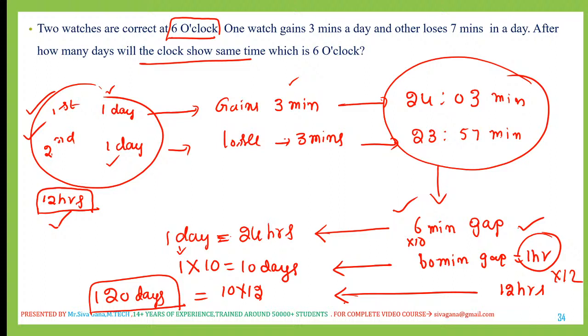Why? After 120 days, the time gap between them is 12 hours. If the time gap between the two clocks is 12 hours, they show the same time. That is the idea behind this question.